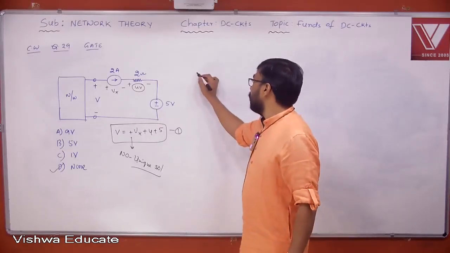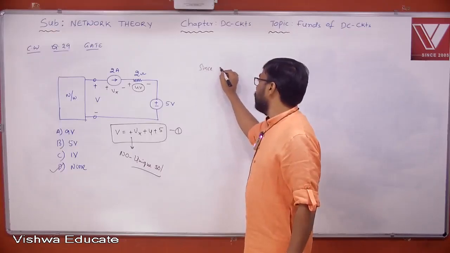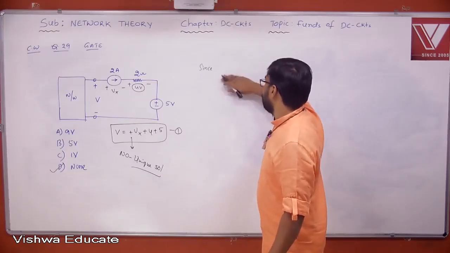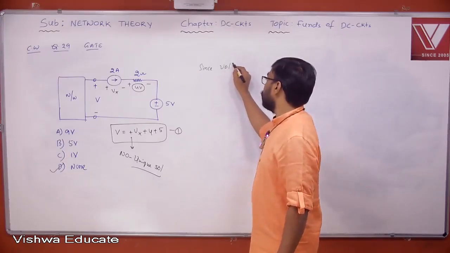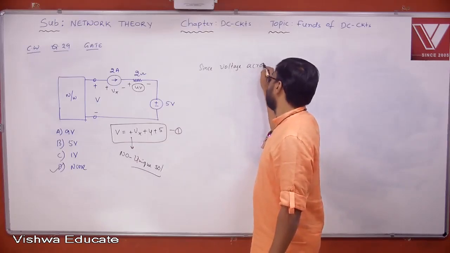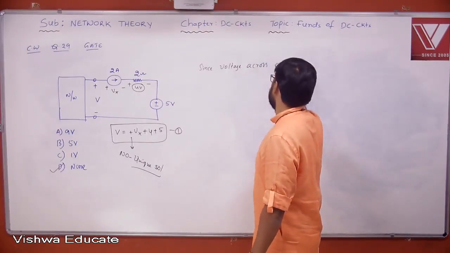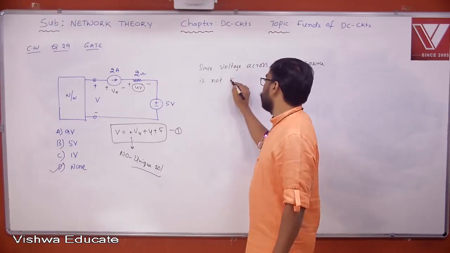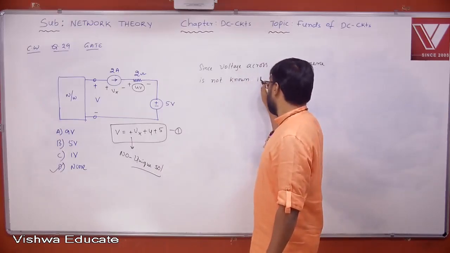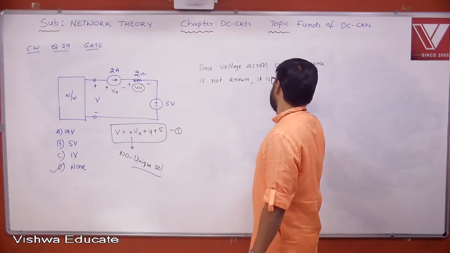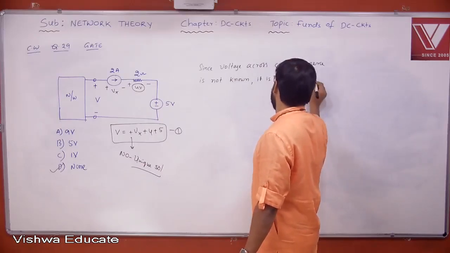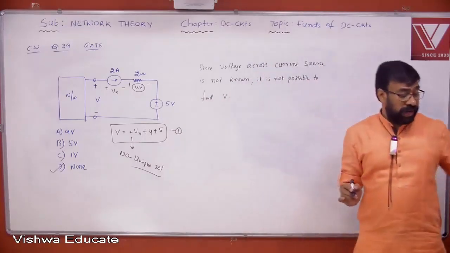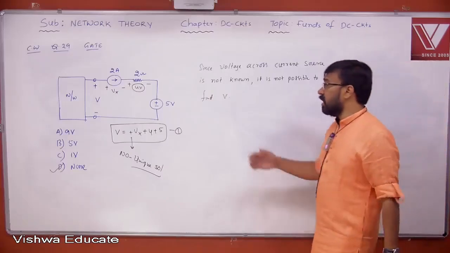Now you can write down here: since the voltage across the current source is not known, it is not possible to find V. You understand, okay? So this is how you need to solve the problem.